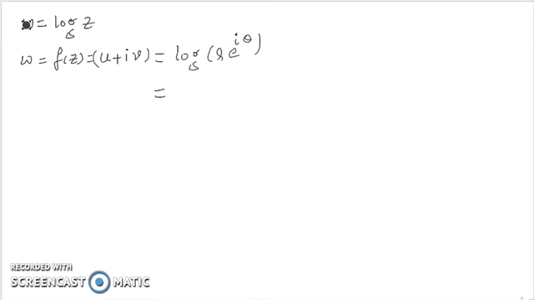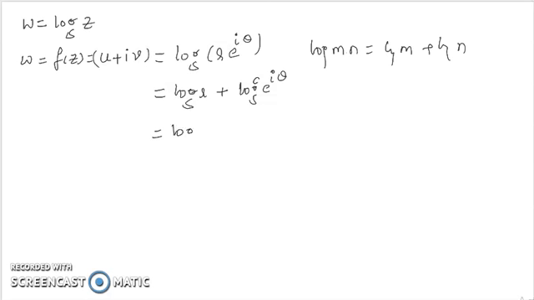We know the formula log of m into n, which is nothing but log m plus log n. So like that I can write it as log r plus log e to the power i theta. Here this log r stays as it is. Again we know that log of n raised to m is nothing but m log n.